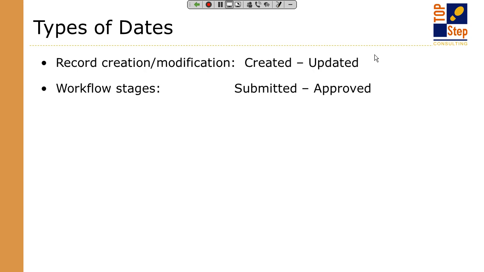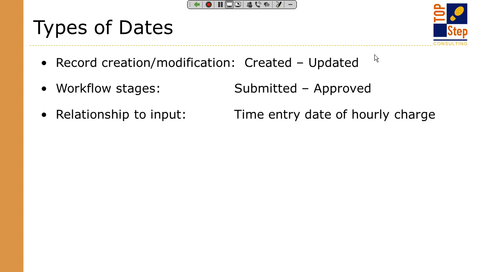Timesheets have these kinds of dates, expense reports, invoices if you have the approval processes, purchase requests, purchase orders if you have those processes in place, revenue containers, booking requests, bookings. There's lots of workflow in OpenAir, and anything that has some kind of approval or rejection workflow would get these submitted and approved dates in the system.